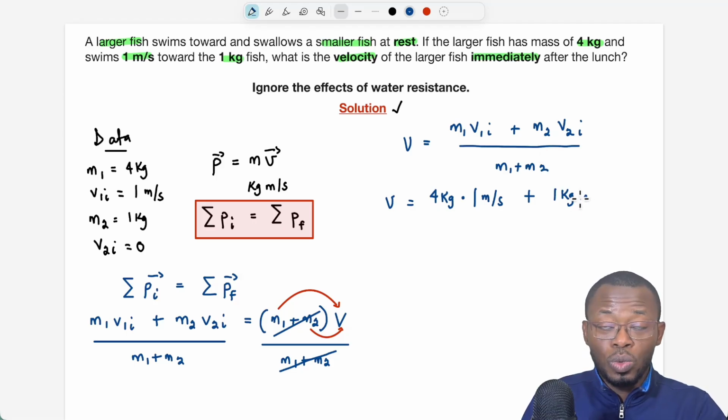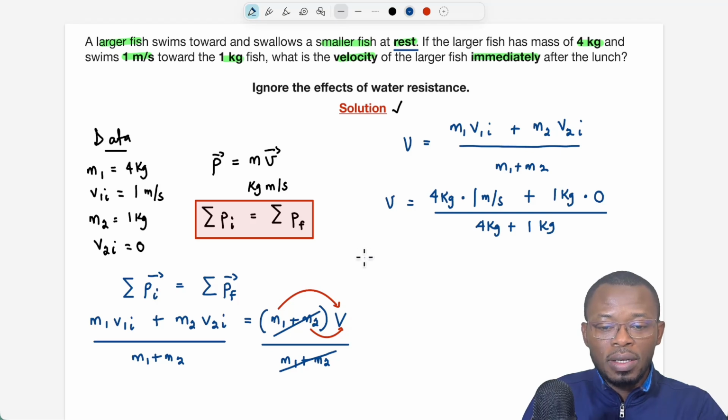We were told from the problem it was at rest, so V2 initial is 0. So we multiply by 0 here, and then divide by the total mass of these two fish: M1 is 4 kilograms plus M2 is 1 kilogram.